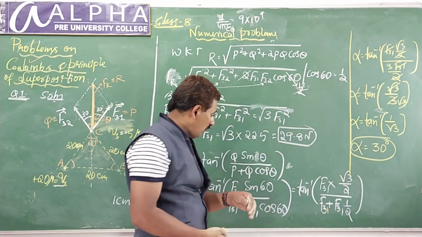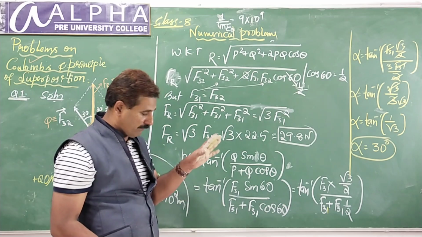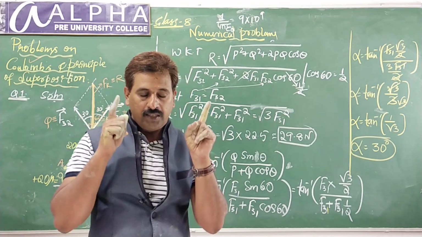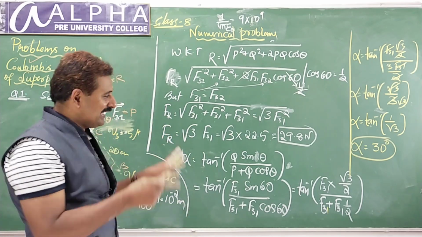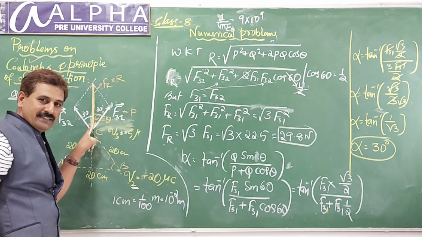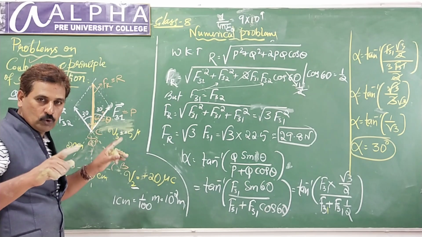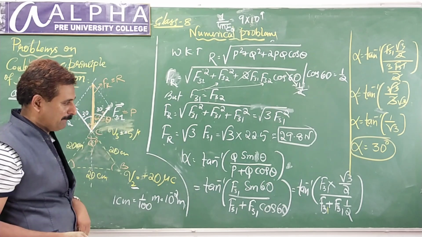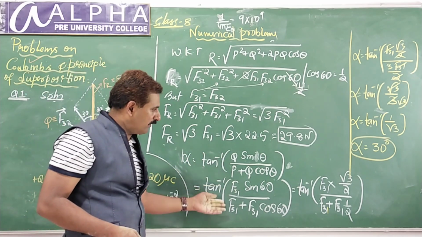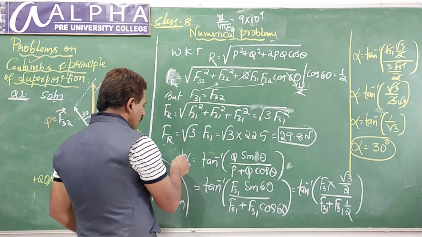Instead of doing all these calculations, remember, if the two forces are equal, the resultant always bisects the angle. Bisecting means 60 will be split into two values, 30 this side, 30 that side. Even if you use this formula, you get the same answer. You need not solve this part.